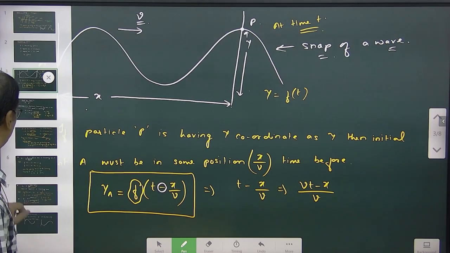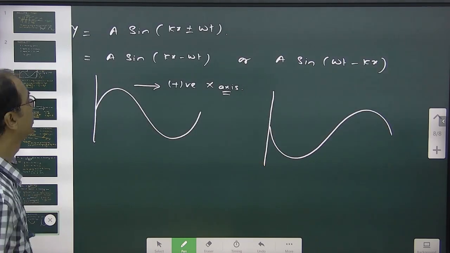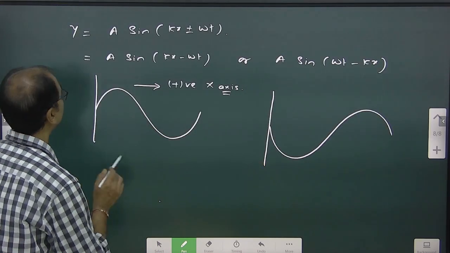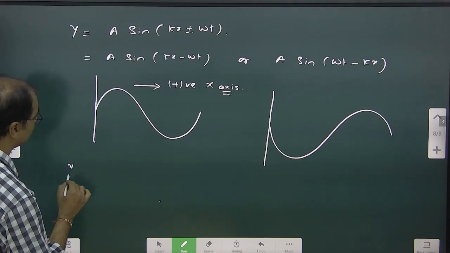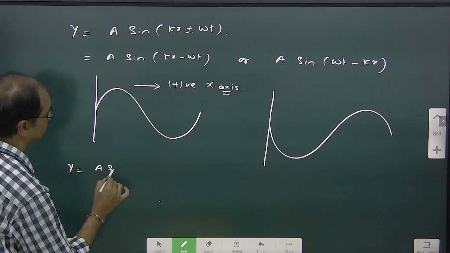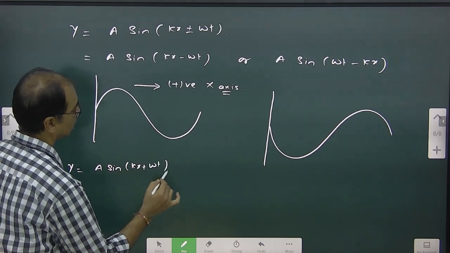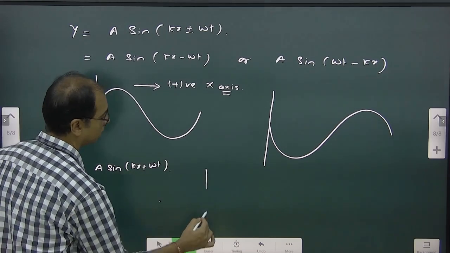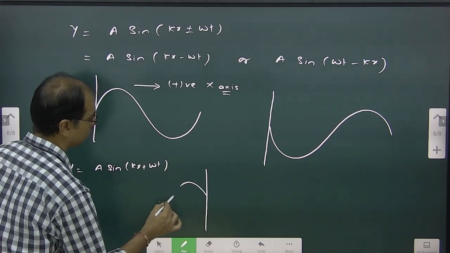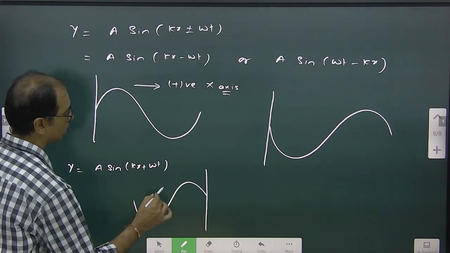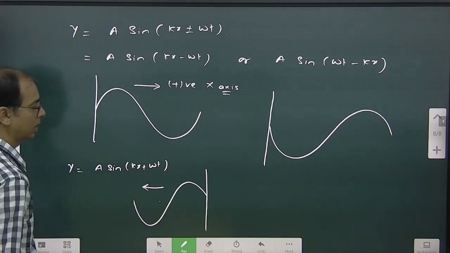So when I am writing plus, suppose the function is like this. Here the wave is going in the negative x-axis direction.